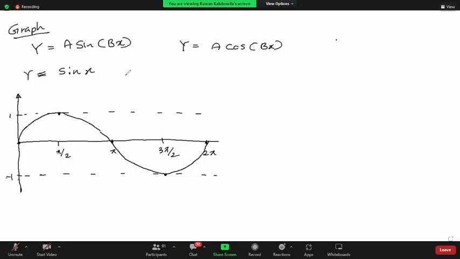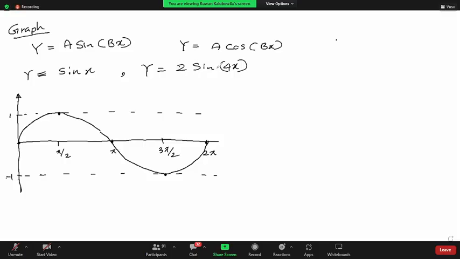Okay, then again, let's try to plot y equal to 2 sine x. Right, now we have to think about something.